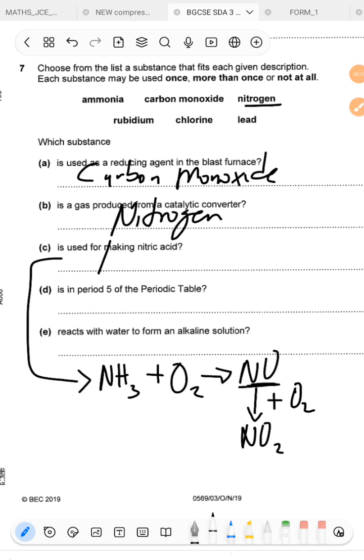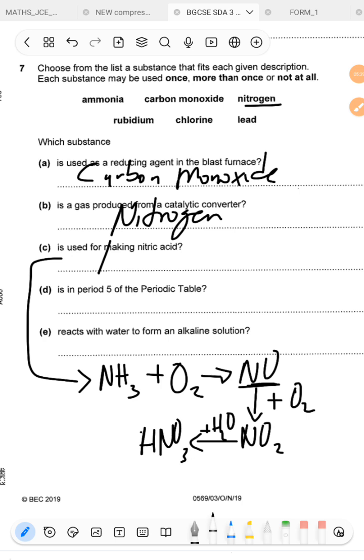Then this nitrogen dioxide you hydrate, or react with water. Let's just say H2O here, and then essentially you'll get your nitric acid.